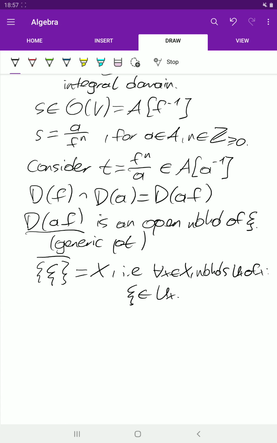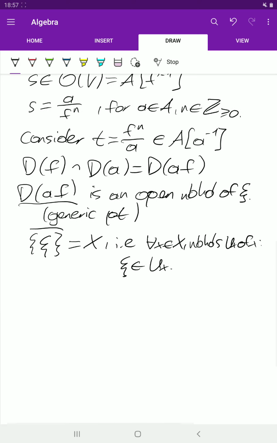It's in every open set, so it's in this open set, and so we are basically done.